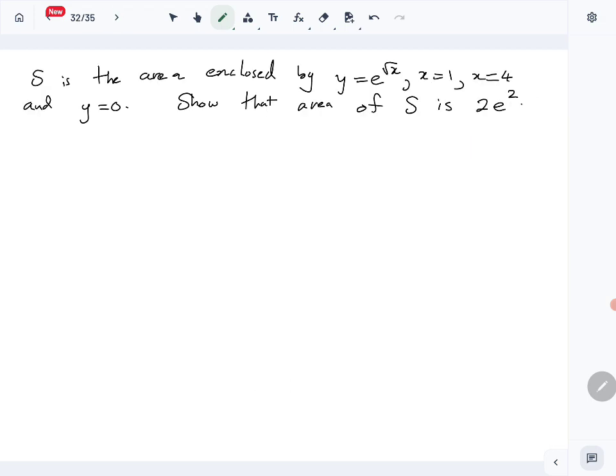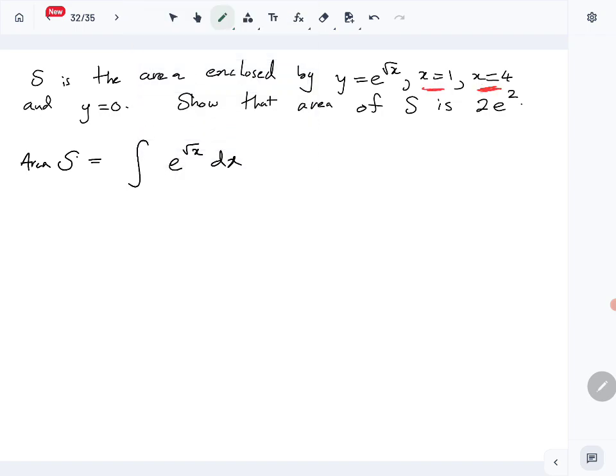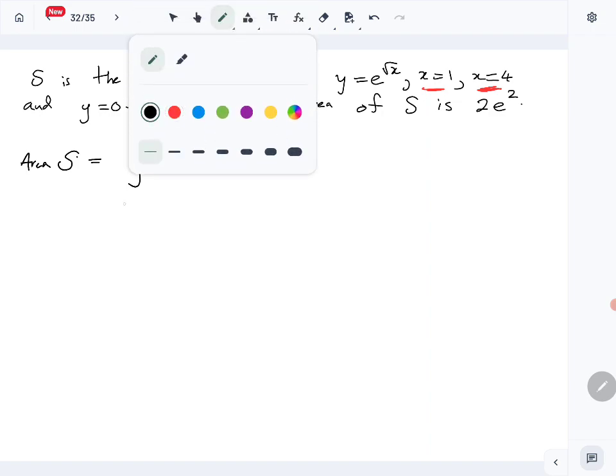Now let's look at the next part. The next part says we have to find the area enclosed by y equals e to the square root x, x equals 1, x equals 4, and y equals 0. So area S is going to be the integral of e to the square root x dx from x equals 1 to x equals 4.